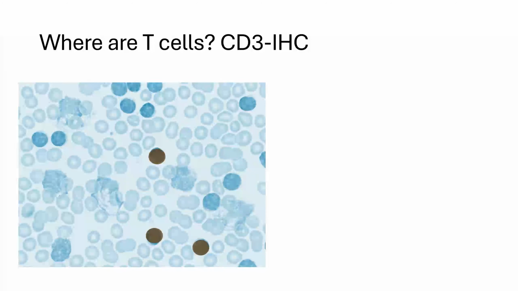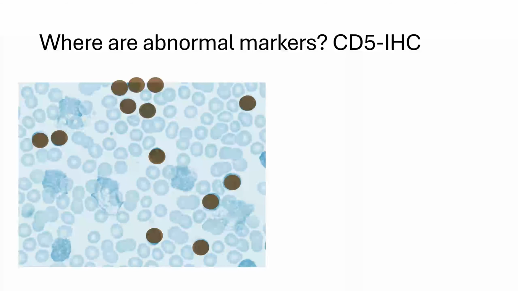And then in another slide, use an antibody against CD3 to identify T cells. Then ask where are the abnormal markers and use CD5, for example.